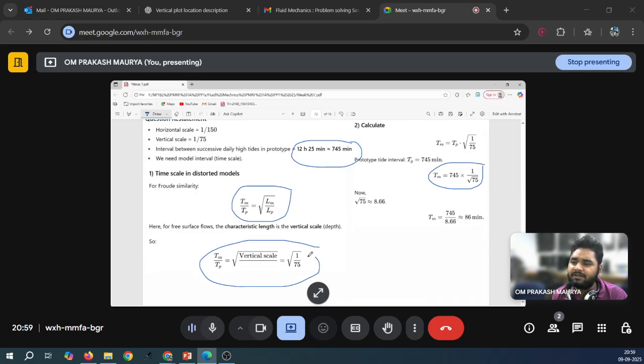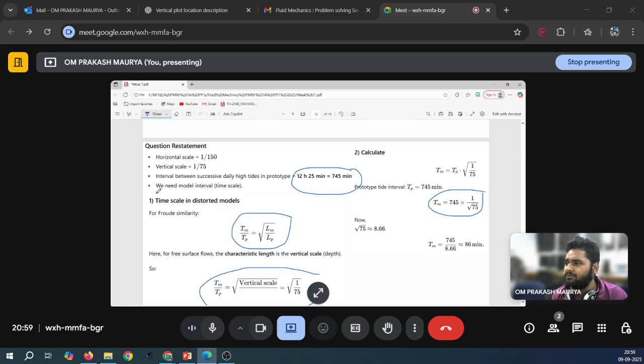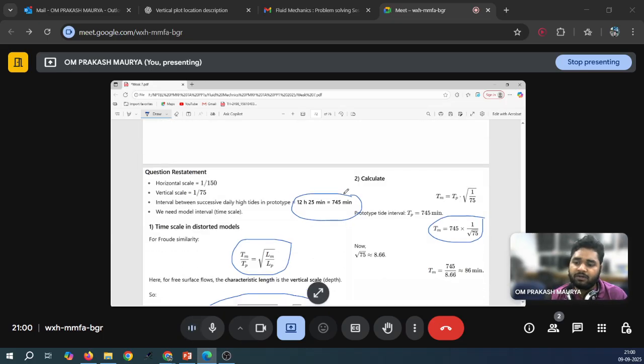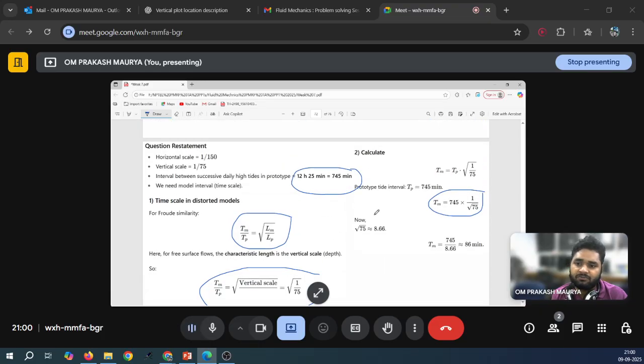The solution part is given already. So the interval between the successive daily tide in the prototype is 12 hours 25 minutes. So how much in the model? Okay, so data is missing in the question. So you can go with the solution part. So finally you will get 86 minutes.